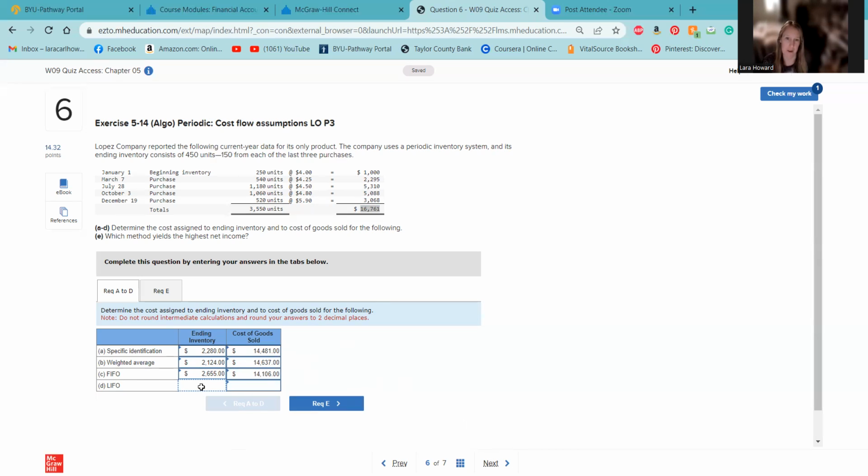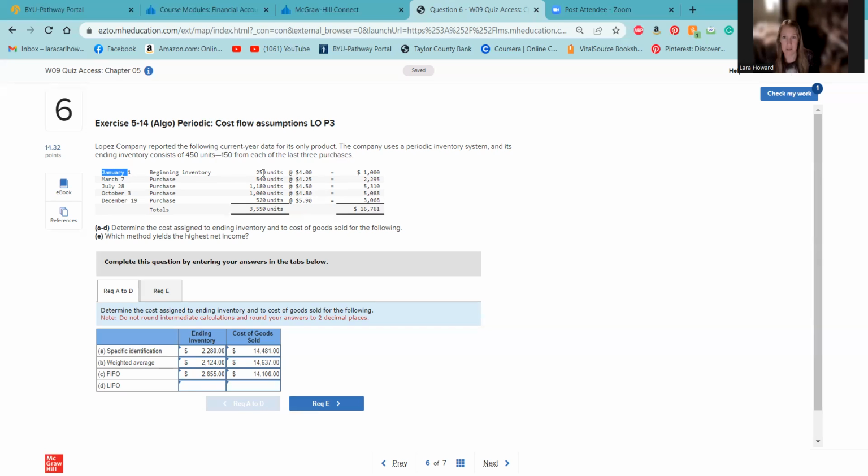For LIFO, last in, first out, we're going to do the same thing we just did, except we're going to take it from the latest purchases, which would be January. We need a total of 450 units taken out.